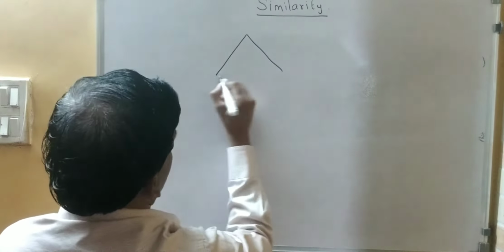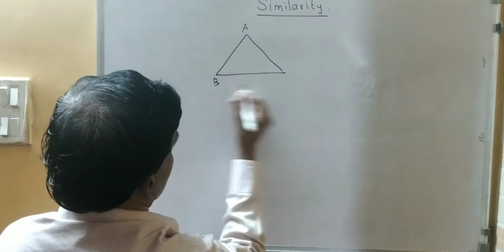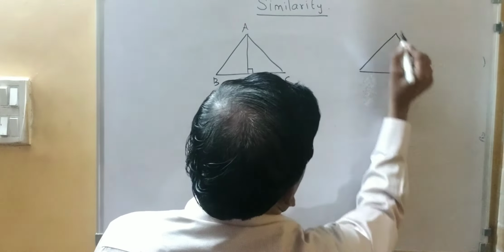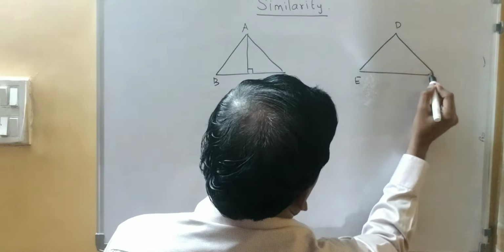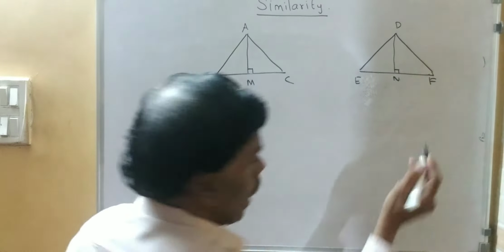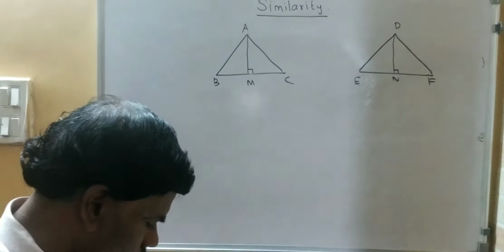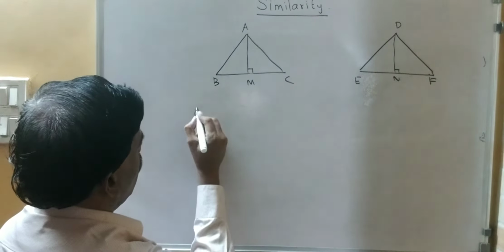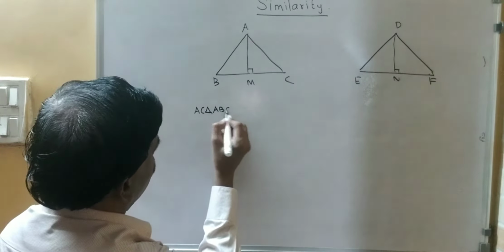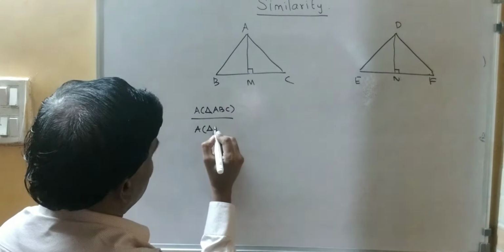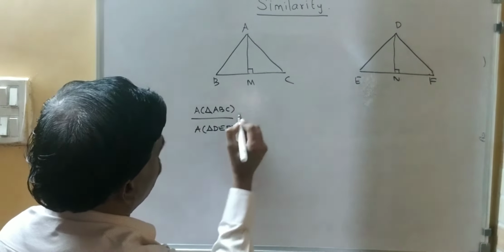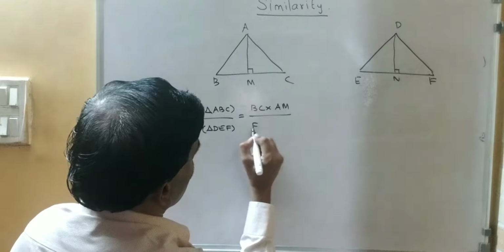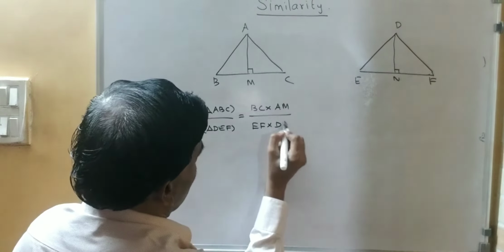See here, ABC, M, DEF, N. Now what we proved is area of triangle ABC upon area of triangle DEF equals BC into AM upon EF into DN.